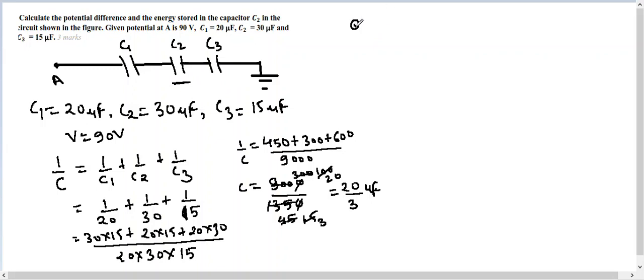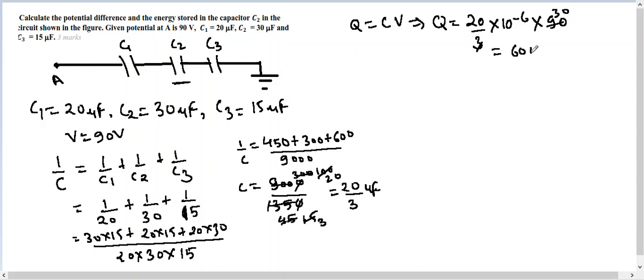We know that Q is equal to CV, so we have to just find Q. We have found the equivalent capacitance, which was 20 by 3 microfarad, therefore 10 to the power minus 6, and the potential is given to us as 90. So cancelling it, our answer is going to be 600 into 10 to the power minus 6, which is equal to 6 into 10 to the power minus 4 coulomb.